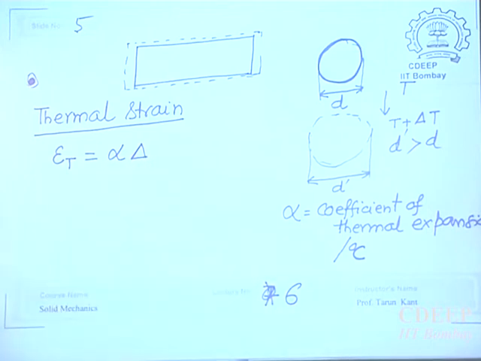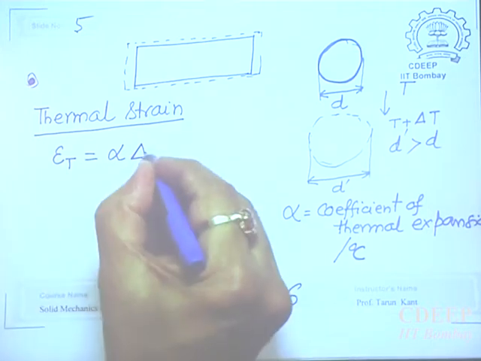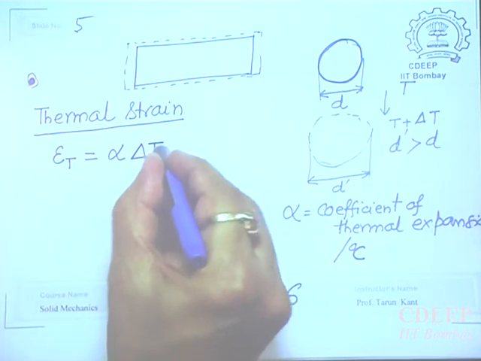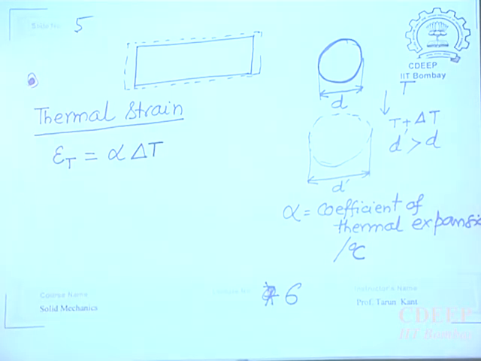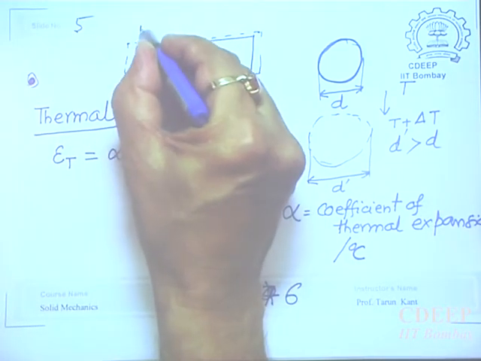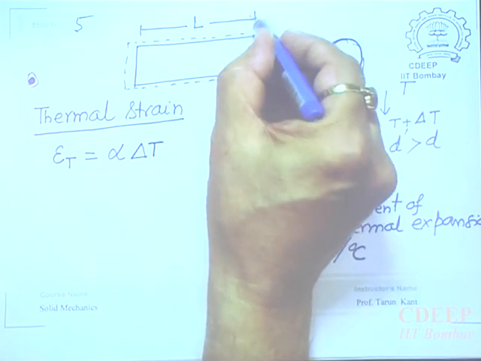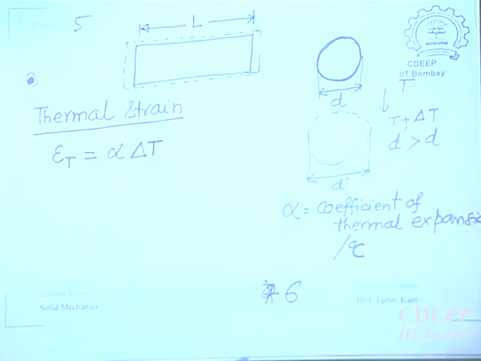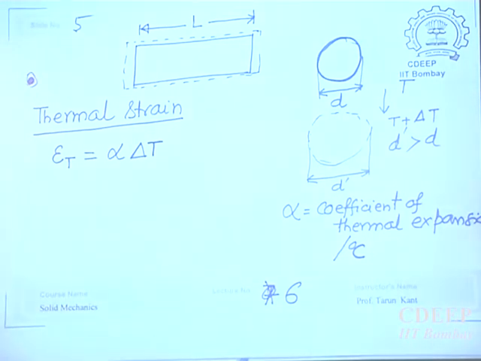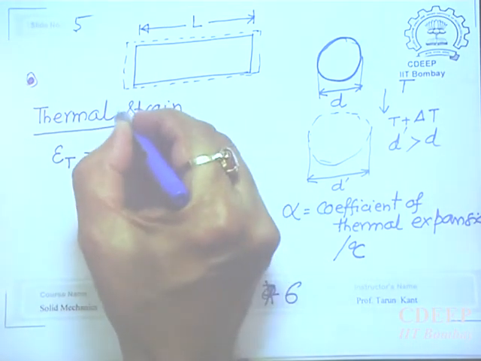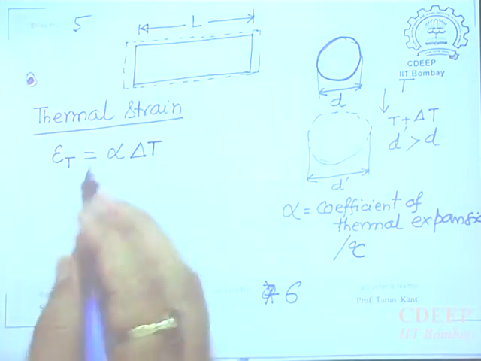So a rise in temperature will give me a positive strain. So this multiplied by delta T, thermal strain will be this. We are talking only of the major dimension, the length, increase in length.